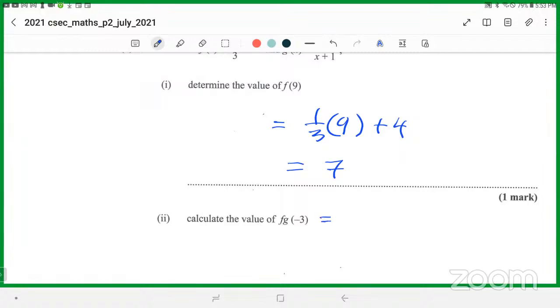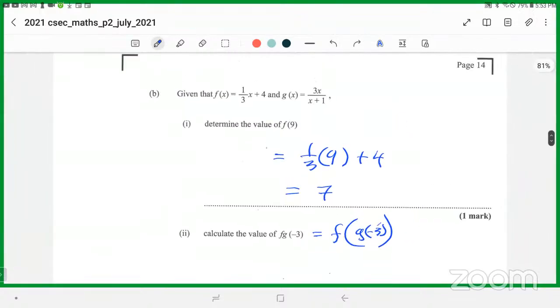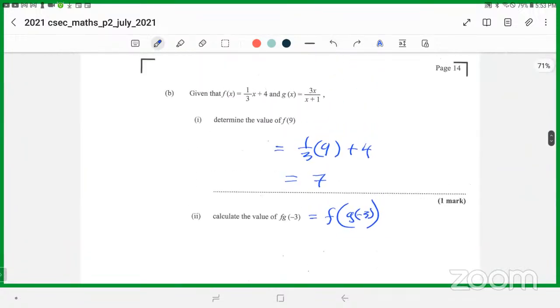Next part wants f of g of negative 3. So we're going to work out the g of negative 3 first by putting the negative 3 in the g function here and there. We're going to work out that part first. So it becomes f of 3 times negative 3 over negative 3 plus 1.